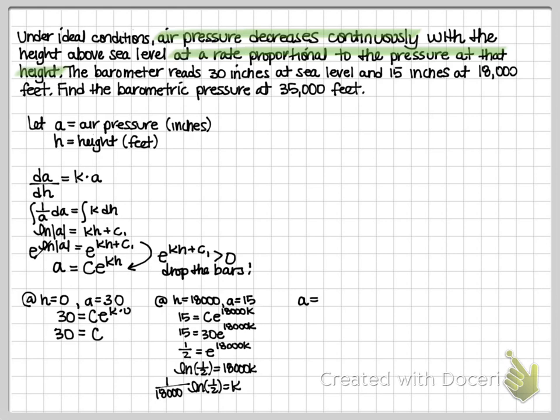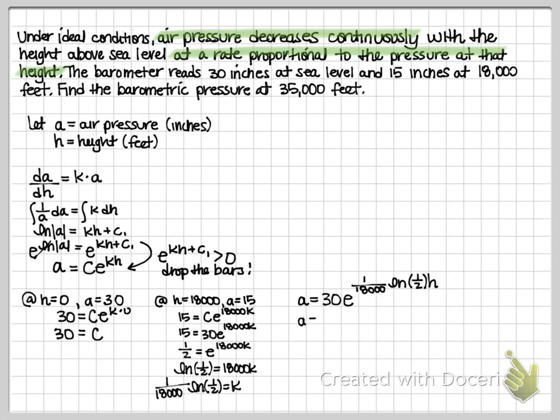So I've got A is equal to my C, which was 30, and then I've got e to the, well, that interesting looking K value, so I'll put that thing up there, times my height. All right, so now I've got my equation. So regardless of the height, I should be able to figure out what the pressure is. And I know that the height is 35,000 feet.